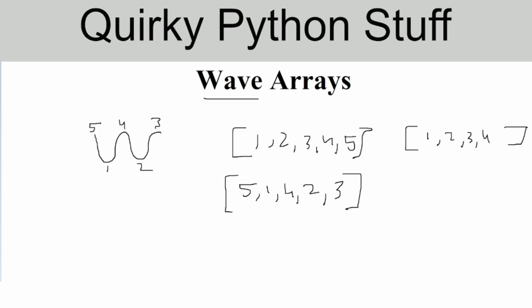Similarly, we can write this as 4, 1, 3, and 2. This looks like a Z. So this one looks like this. Yeah, 4, 1, 3, 2.